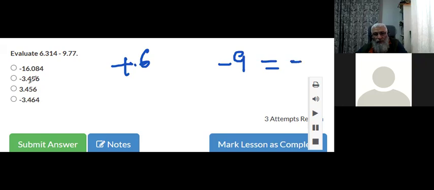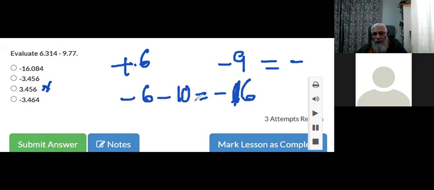So it is negative, not positive. So -16 or -3? -16, if you have -6 and -10. This is -16. Yeah, and two negative numbers, you add them, correct?